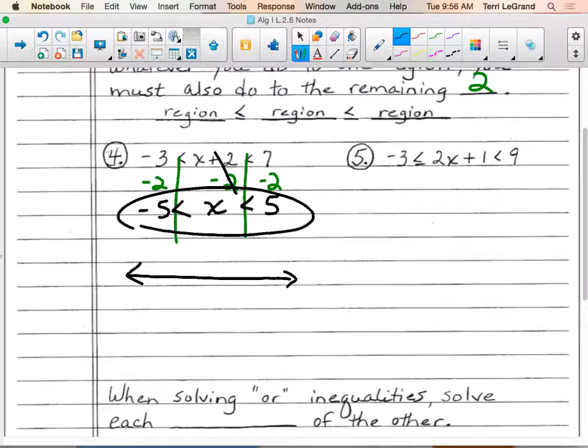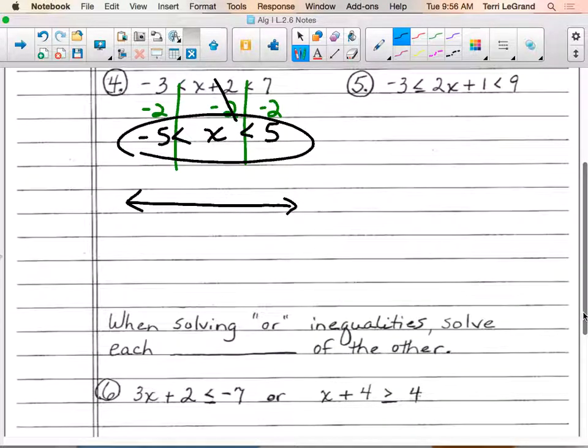Do you have to have integer neighbors for compound? No, you need the endpoints. We're going to have 2 endpoints. Is -5 a solution? Okay, because it doesn't satisfy what? The x is greater than -5?